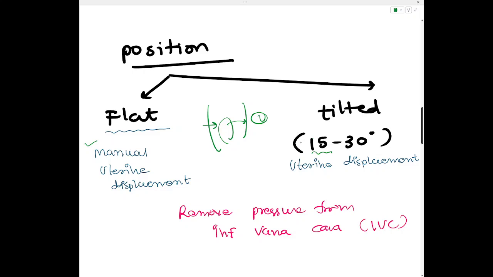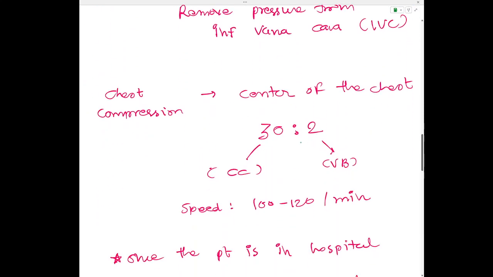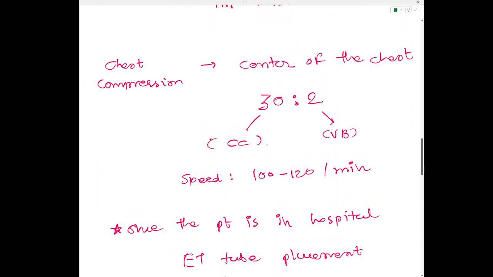Now, the chest compression, which is the most important part of CPR: the ratio is 30 chest compressions followed by 2 ventilation breaths. Okay, 30 by 2. What is the speed of chest compression?